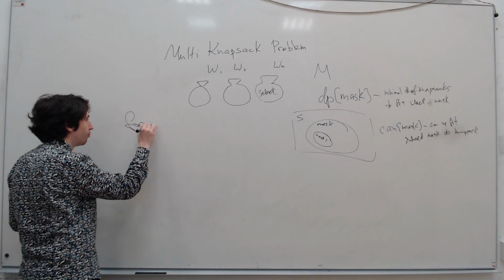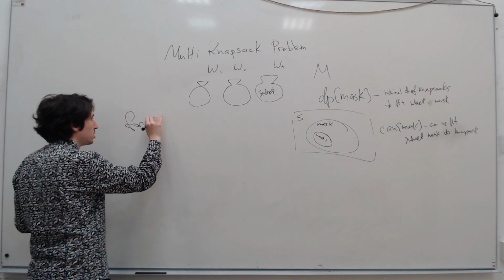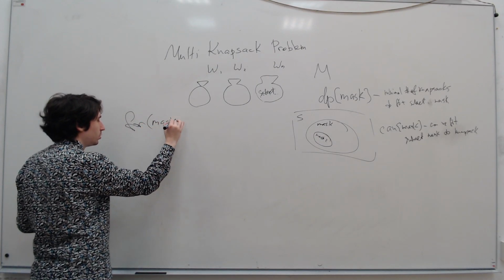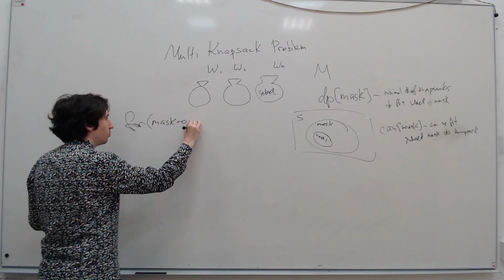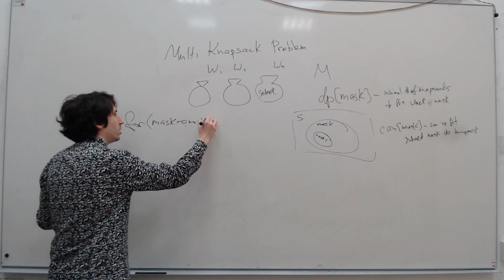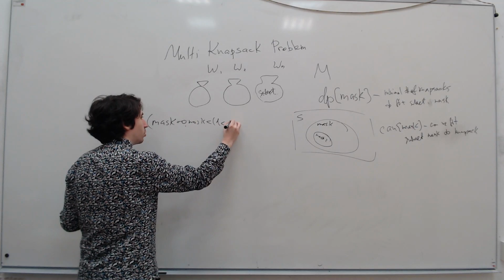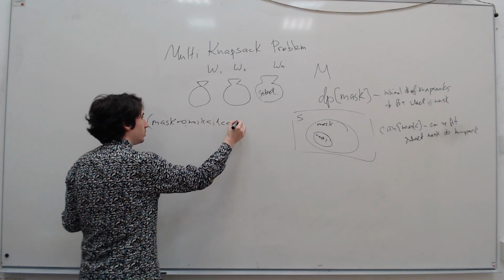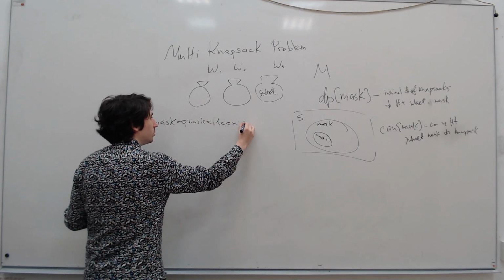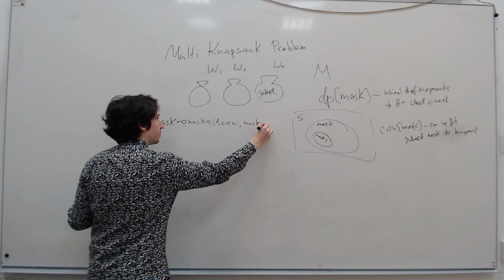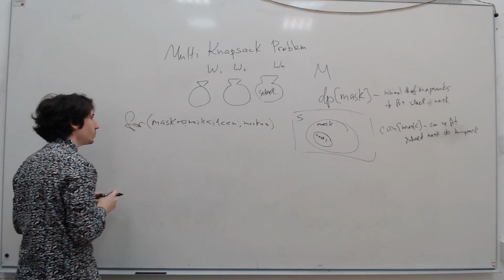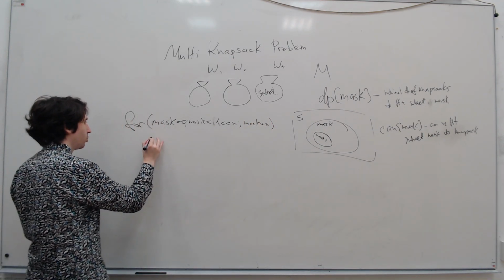Then we go for mask 0, mask less than 1 shifted by n, mask plus plus. Okay, so we have two options here.